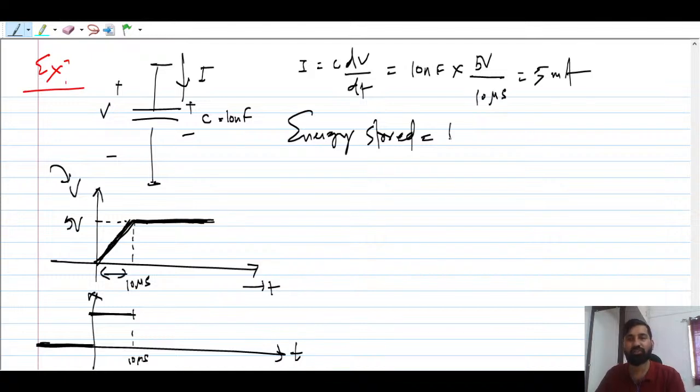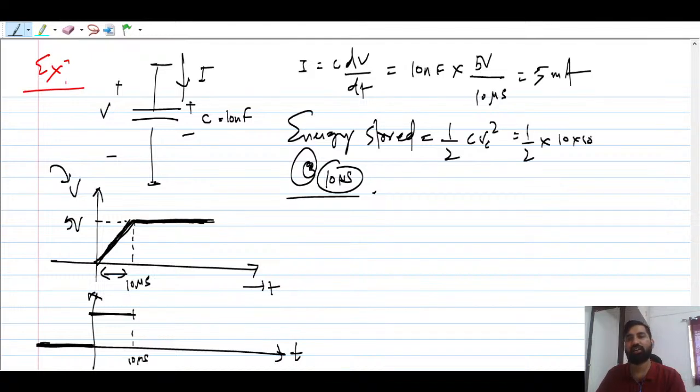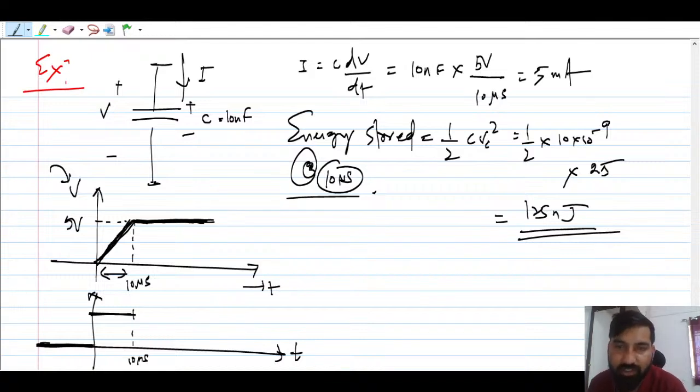So energy stored is 1/2 C V squared at 10 microseconds. This is half into 10 into 10 to the power minus 9 farad, times 25, so it will be 125 nanojoule. And this is the energy stored, right?